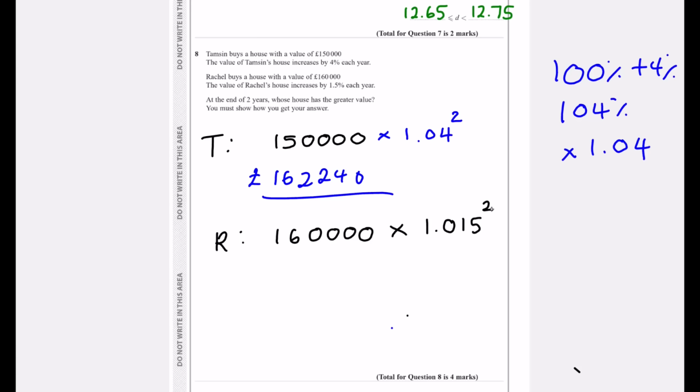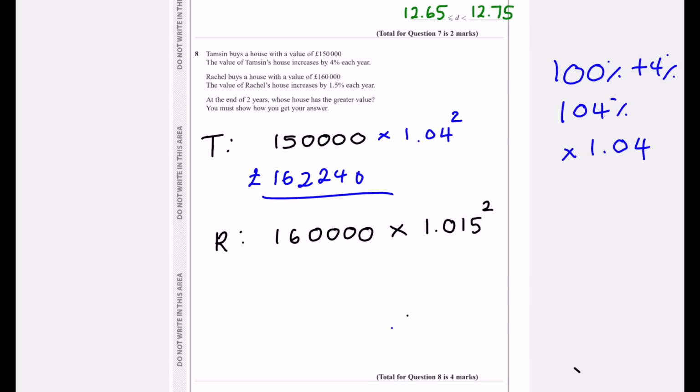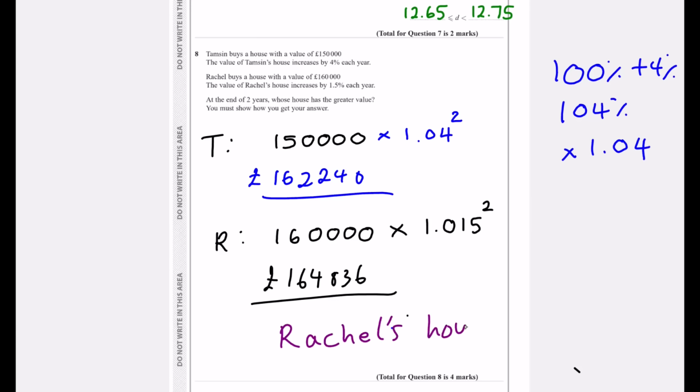So we can just write squared to do it 2 times. And we get 164,836. So whose house has the greater value? Rachel's house.